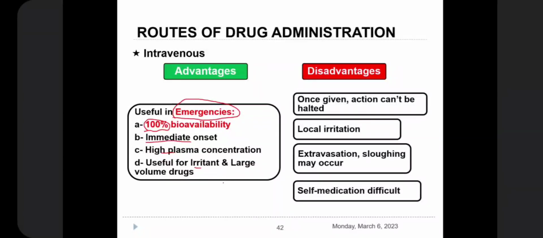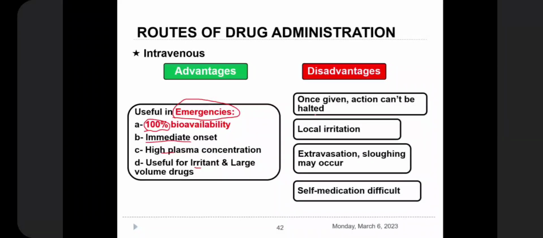It also has disadvantages. Let's see. Once you give the drug by IV, the drug action cannot be reversed. Oh my God! You give the wrong drug, you give the wrong dose. It's a disaster. You know that? Yeah, very dangerous and very harmful.